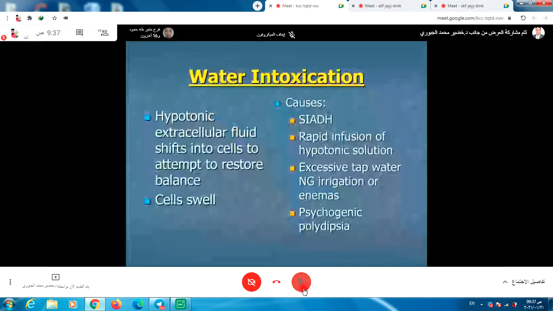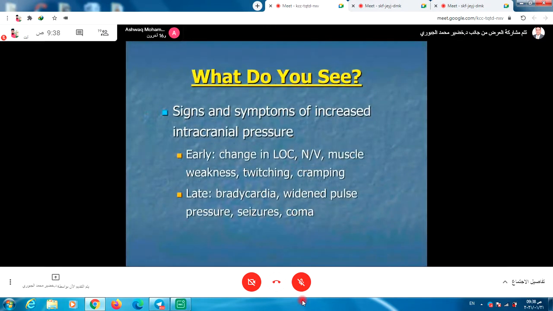We said the causes of water intoxication: syndrome of inappropriate antidiuretic hormone secretion, rapid infusion of fluid, possibly edema, gastric irrigation, and psychological polydipsia, where the patient drinks large amounts of fluid, resulting in water intoxication. What we see is signs and symptoms of raised intracranial pressure. Early signs: change in the level of consciousness, nausea and vomiting, muscle weakness, twitching and cramping.